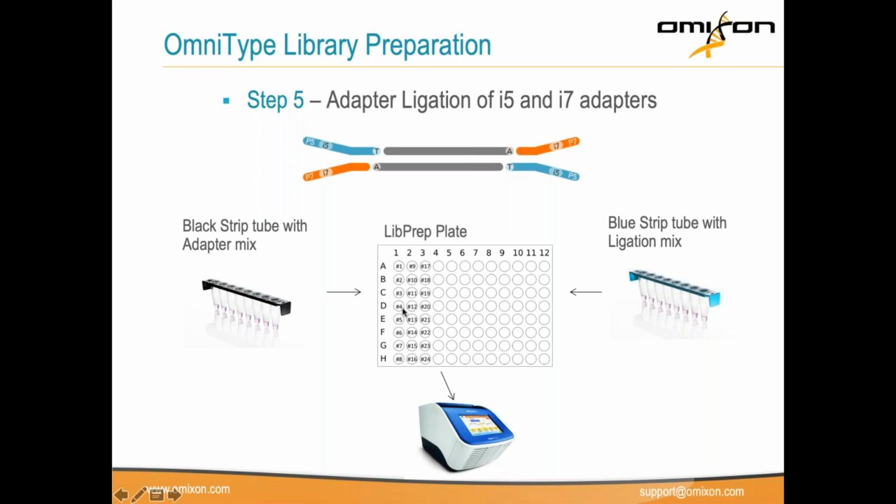Both of these reagents are mixed in the existing library preparation plate and then put in a PCR machine. The advantage here is that we are using the same plate throughout the entire library preparation process, and that reduces the amount of consumables that are required for the workflow.